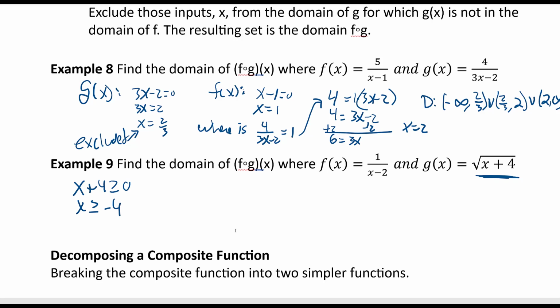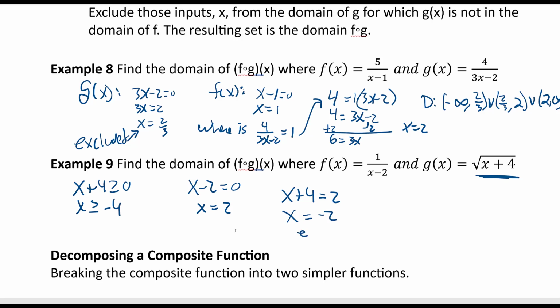If we look at that denominator, x minus 2 equals 0, so x equals 2 can't be allowed. So that square root of x plus 4, when is that equal to 2? That's when x equals, if I subtract 4 from both sides, negative 2.